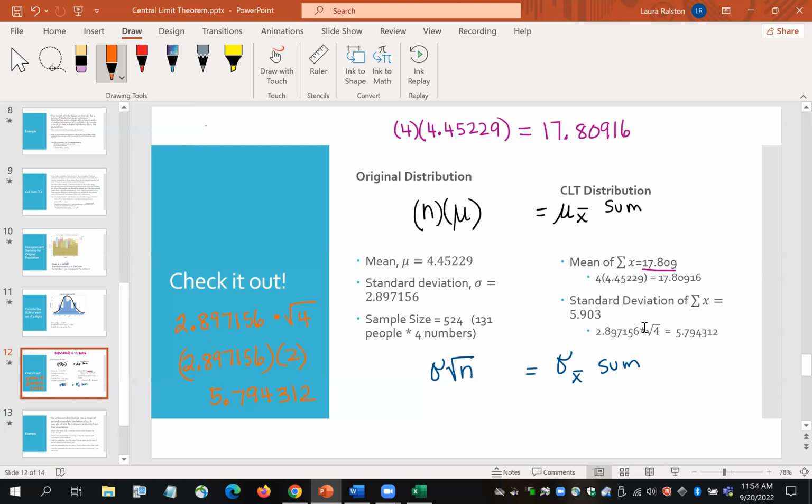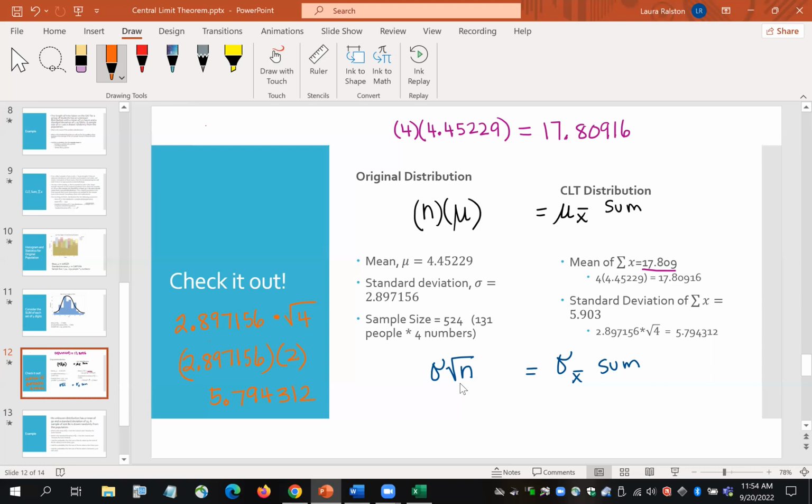So even if I look at the sum of those digits, or the sum of each group, the central limit theorem works. I still have a normal distribution with a mean equal to the sample size times the original mean, and the standard deviation is equal to the original standard deviation times the square root of n.